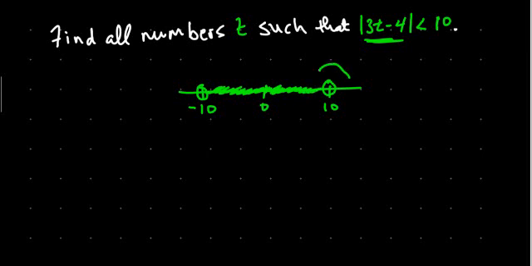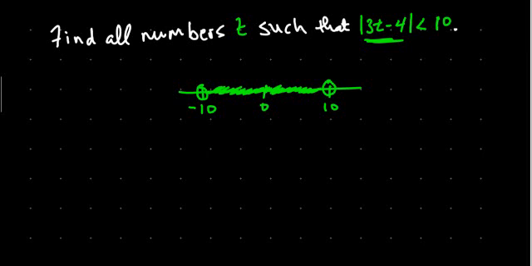That is, it can't lie out here, because then its distance from 0 would be more than 10, thus giving it an absolute value bigger than 10. It can't lie out here because, again, its distance from 0 would be more than 10. Okay? Let me erase those, get those out of the way, because they're just not true.